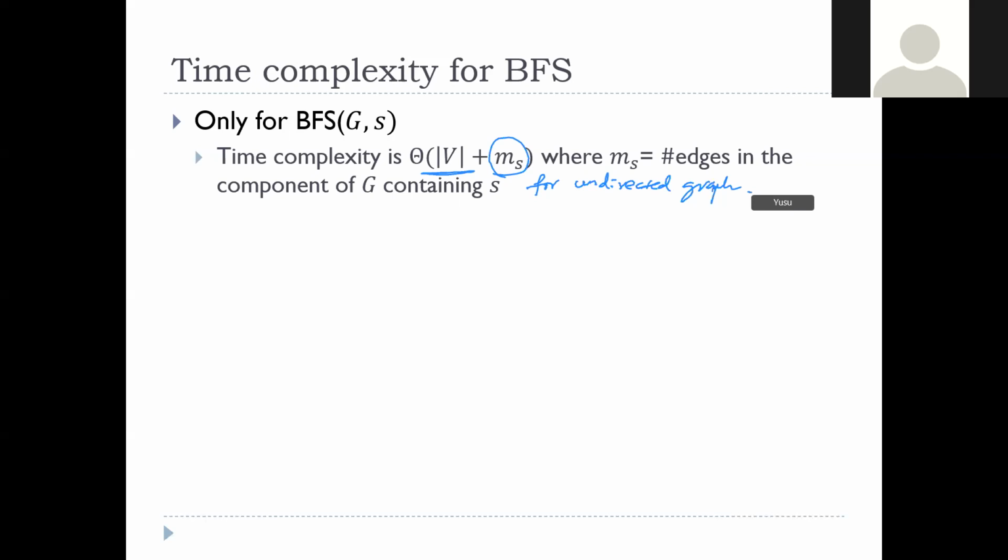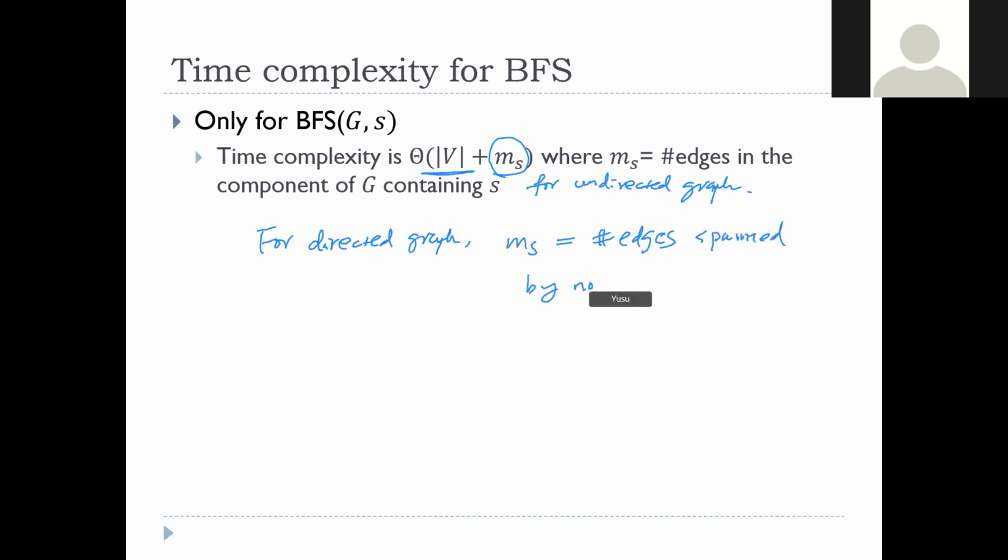For a directed graph, MS is the number of edges spanned by the nodes reachable from S.